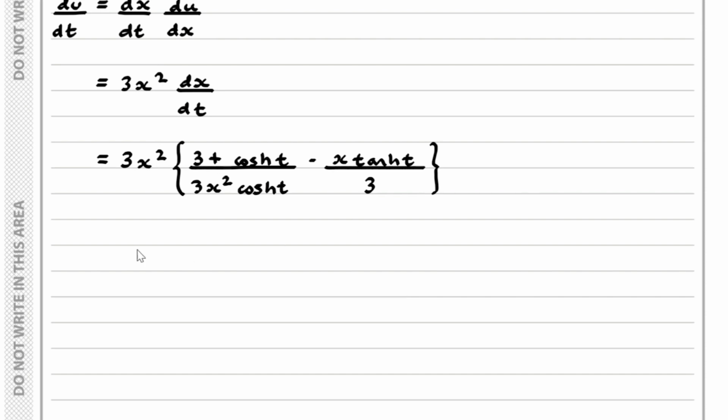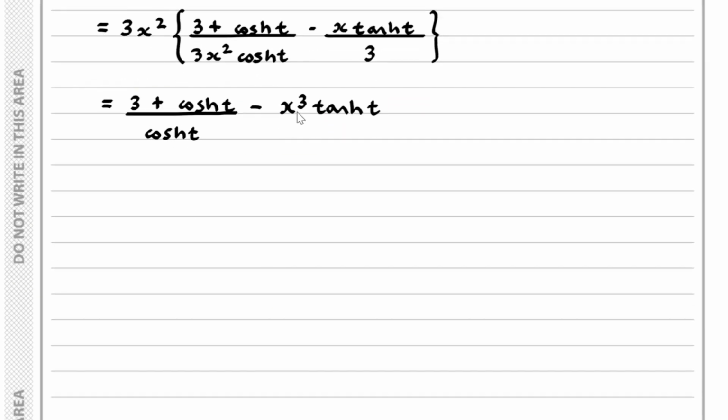And if I expand out, well, 3x squared over 3x squared will cancel out. So we are left with 3 plus cosh t over cosh t minus, well, here we've got 3x squared times minus x, so that's going to be minus 3x cubed, dividing that by 3, we'd just have minus x cubed tanh t.